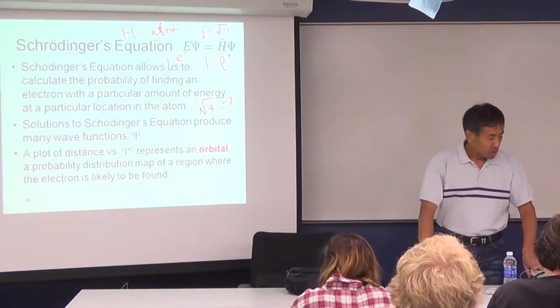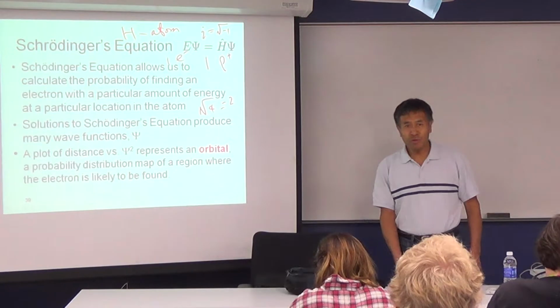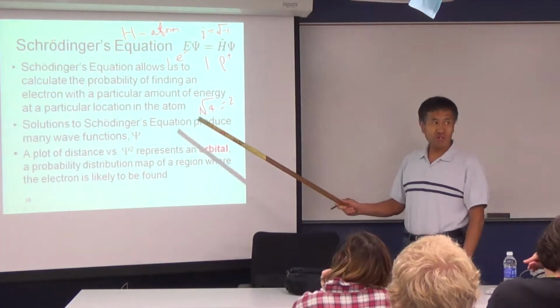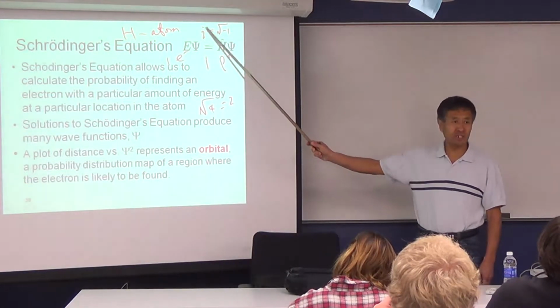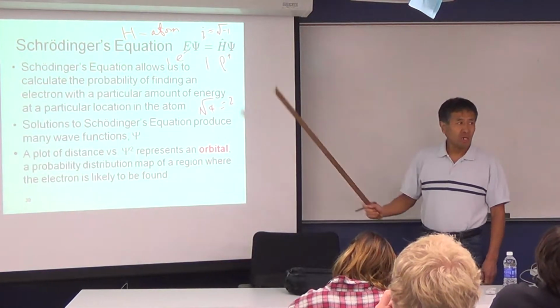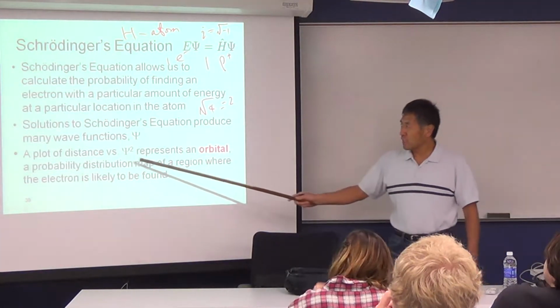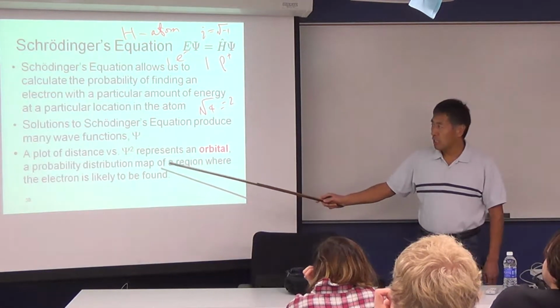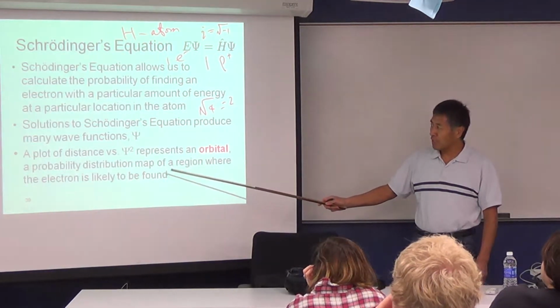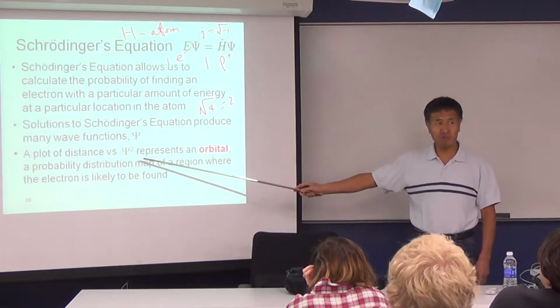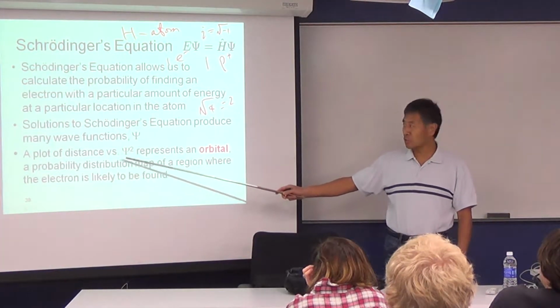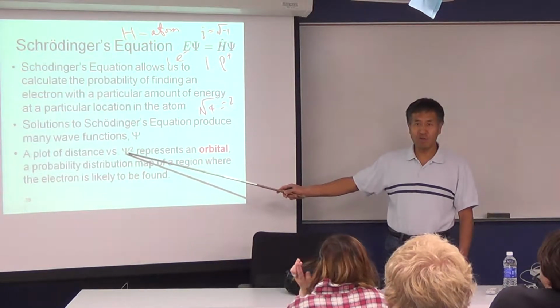Right? And so then you put it into that equation. Obviously, the solution, this side, also has those in it. So you call that kind of function a wave function, but it has some physical meaning if you square it. Mathematically, you square that, and that means it becomes a real number.